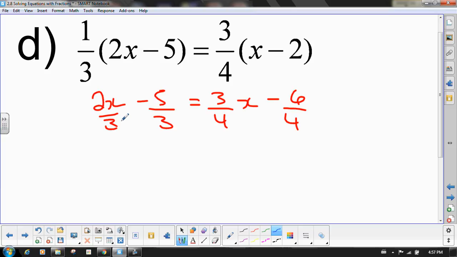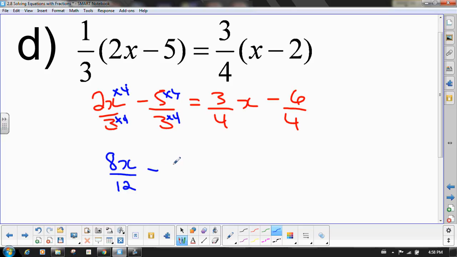So to get 12, I'm multiplying the left side by 4. So I'm going to have 8x over 4, not 4, sorry. That denominator is going to be 12, because I said times 4. I'm going to do the same thing right here.